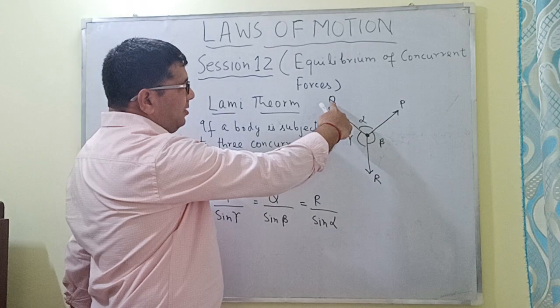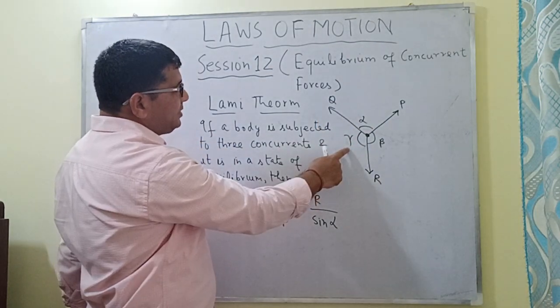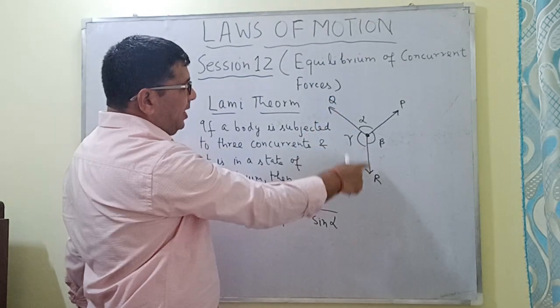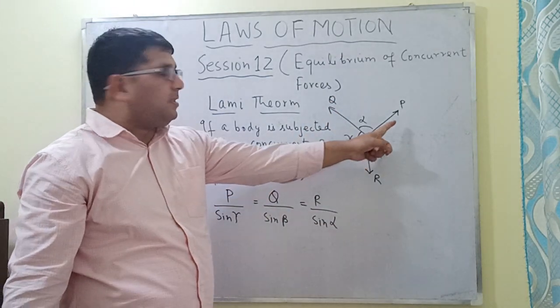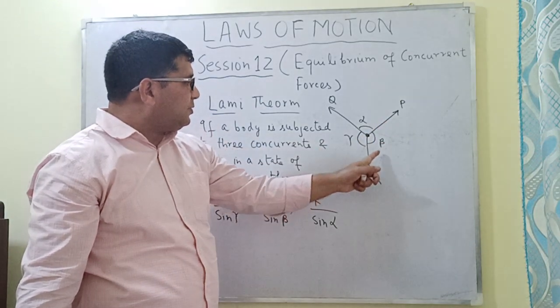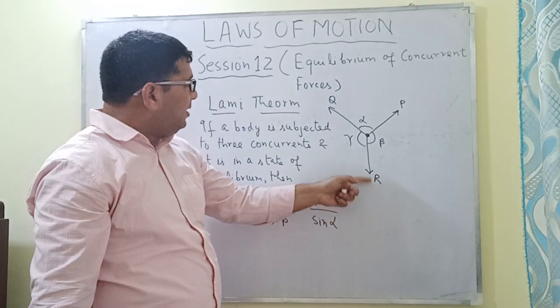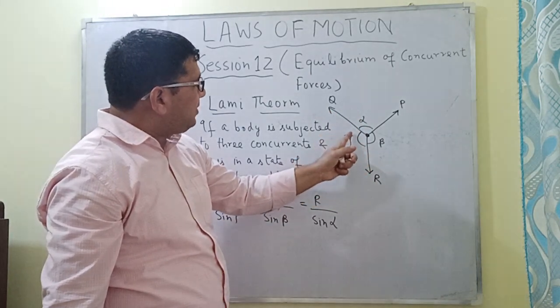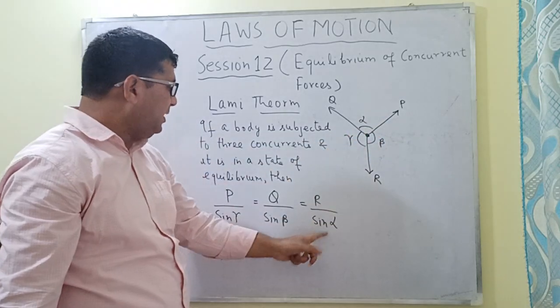In this case it will be equal to sine gamma, where gamma is the angle subtended by Q and R. Similarly, Q divided by the angle subtended by the other two forces will be equal to sine beta. Then R divided by the angle subtended by the other two forces, that is Q and P, will be equal to sine alpha.